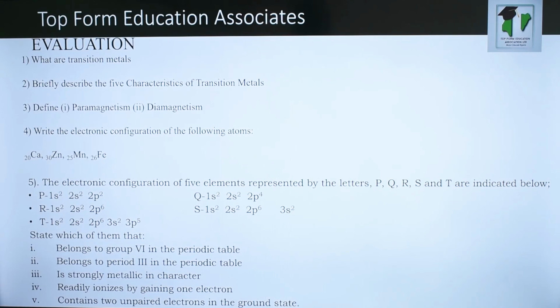Diamagnetism is said to occur when the transition atoms or ions are without unpaired electrons and they are repelled out of a magnetic field. In such a situation, we say that diamagnetism has occurred.